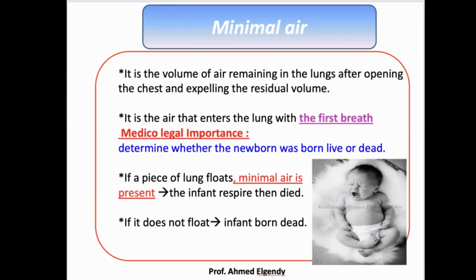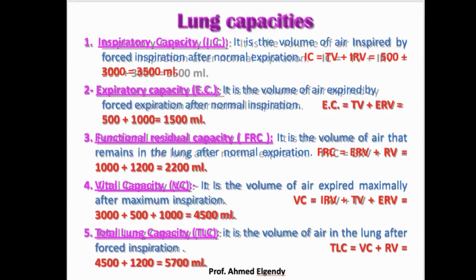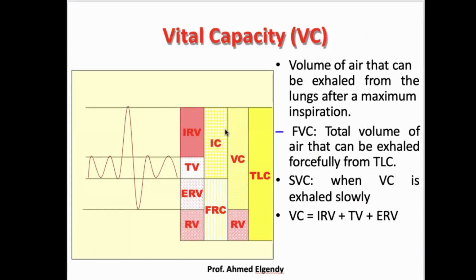So we know the lung volumes. Similarly, there are 4 lung capacities. What are the lung capacities? This slide is a little small, you cannot see properly, so I'll go here. So these are the volumes, 4 volumes, and these are the 4 capacities.